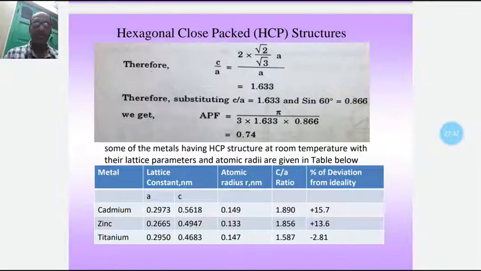The metals titanium, cobalt, magnesium, zirconium, beryllium, etc., have C by A ratio that is less than the ideal ratio, which indicates that the atoms in these metals are slightly compressed in the direction along the C axis.